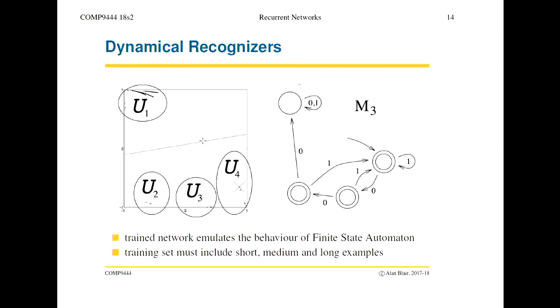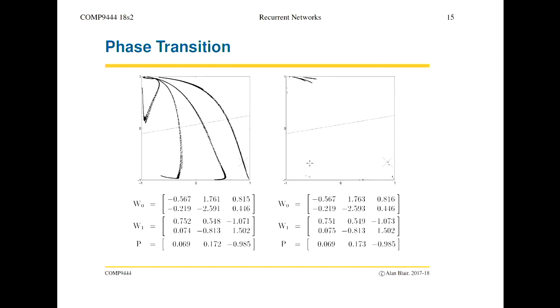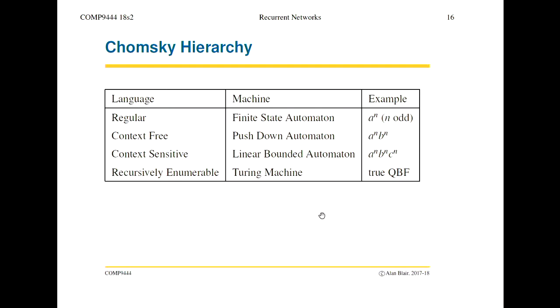Okay, so this is where you're trying to learn languages that are defined by a finite state machine. Now, I don't want to go into all these details about formal language theory, but there's this thing called the Chomsky hierarchy, which classifies formal languages into different classes.